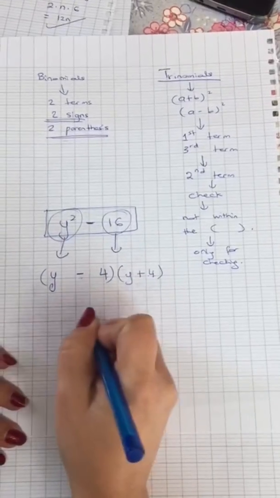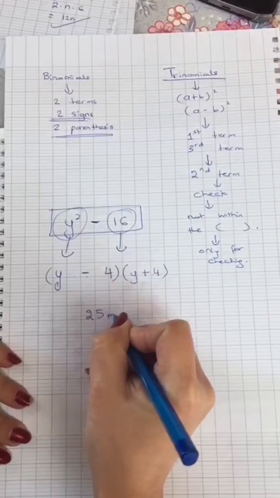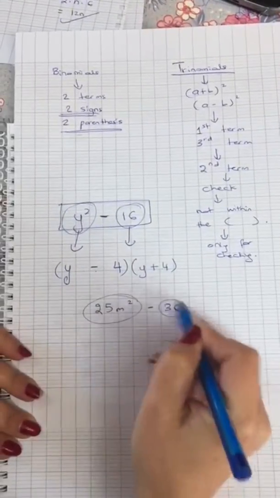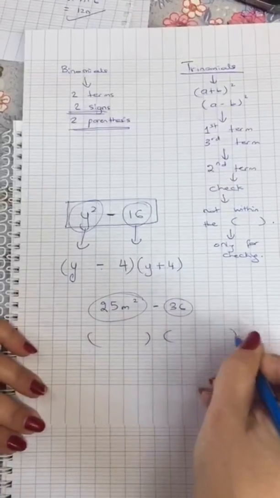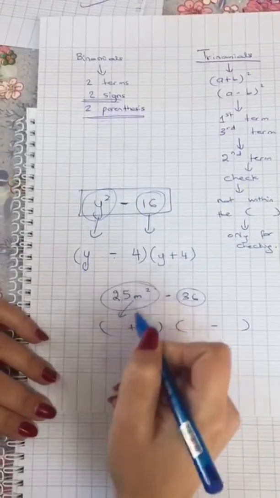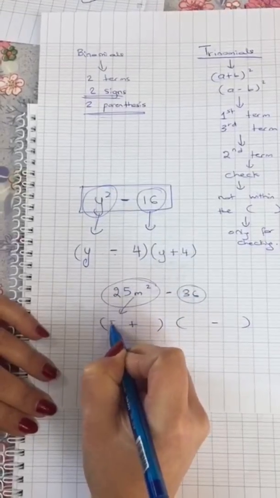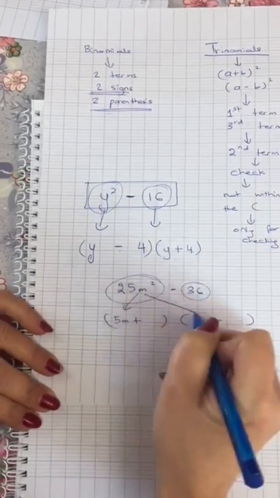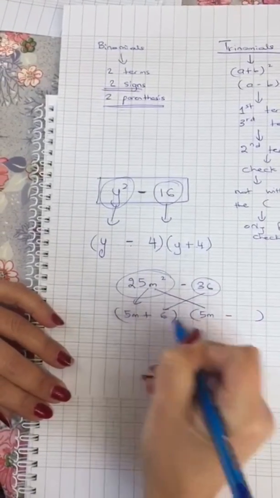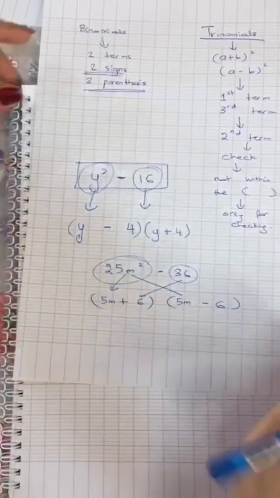Our second example is 25m² minus 36. Again, I have two terms, so I'm going to have two parentheses, one a plus, one a minus. 25m², what's the radical of it? It's 5m, again 5m. What's the radical of 36? It's 6 and 6, and that's my answer.